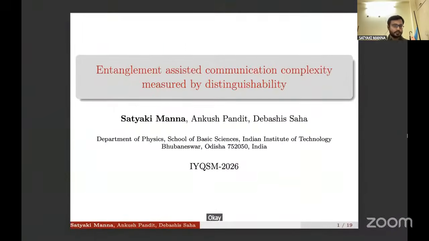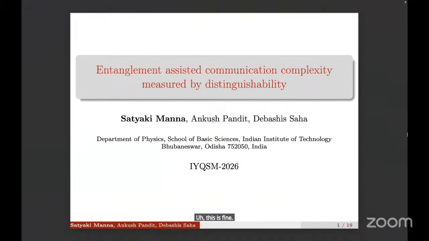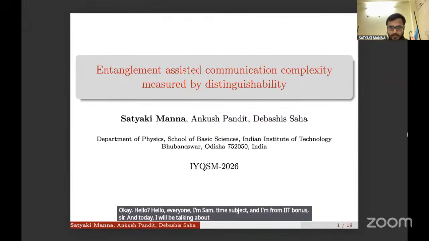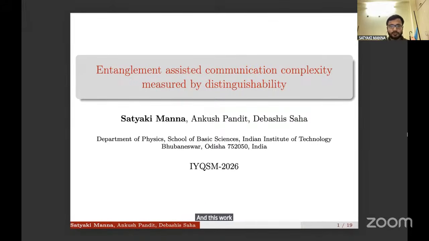Hello everyone. I'm Satyaki and I'm from IIT Bhubaneswar. And today I will be talking about entanglement assisted communication complexity measured by distinguishability. And this work is done in collaboration with Ankush Pandit and Dr. Devashish Shah.